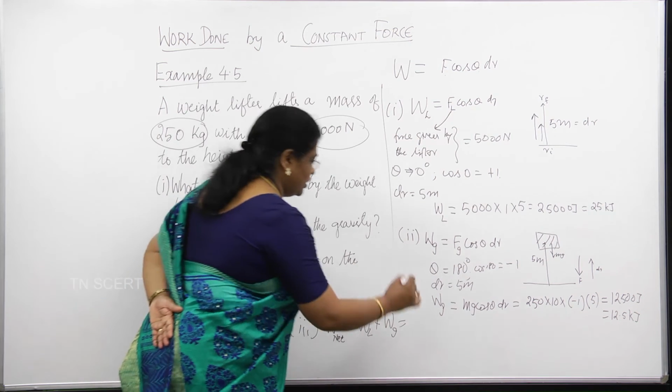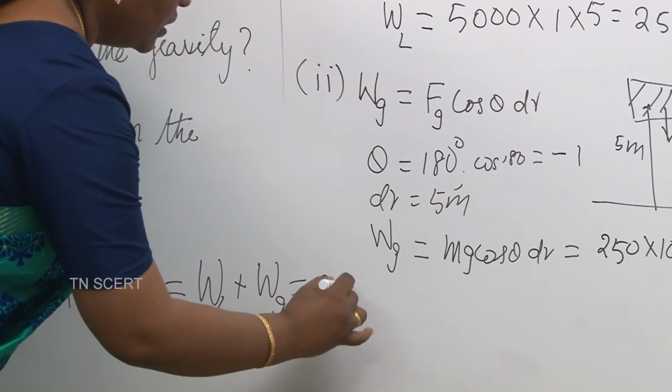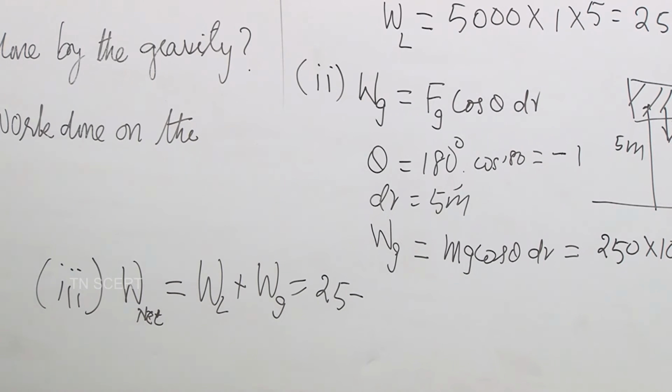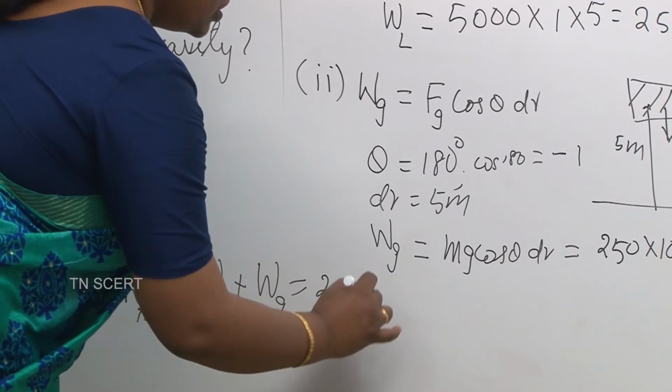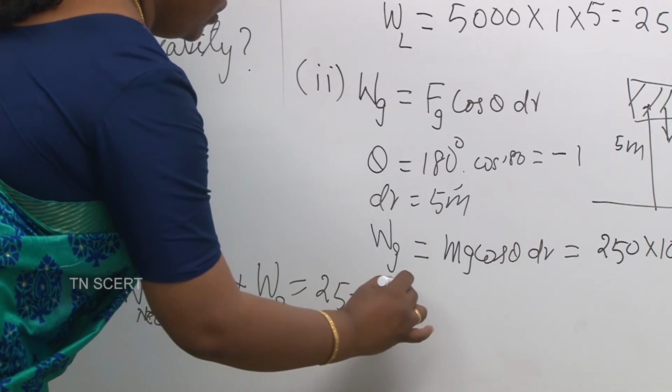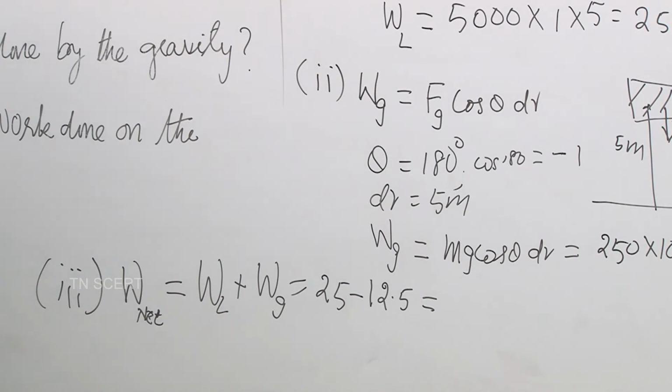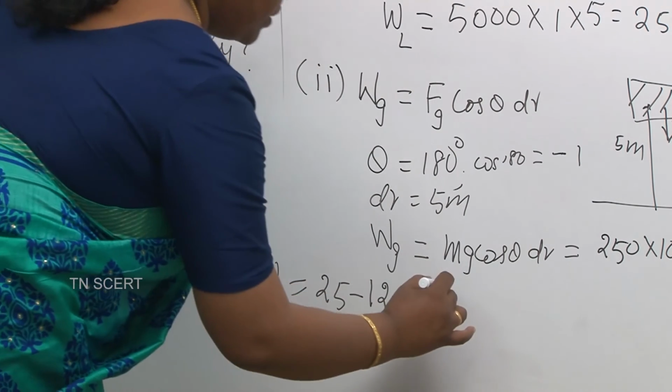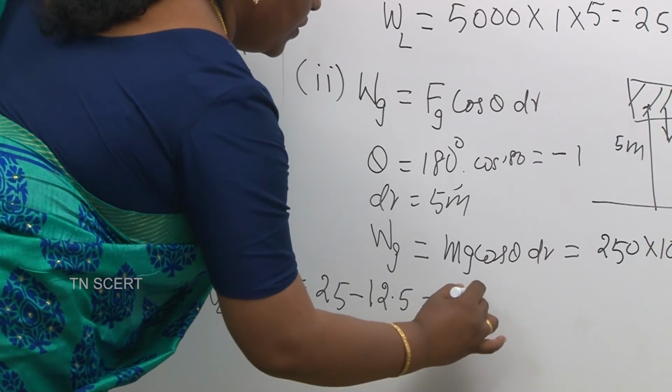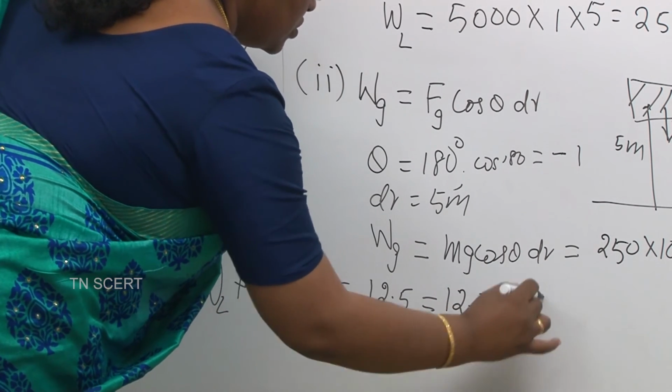By the lifter is 25 kilojoules and by gravity is 12.5 with a minus sign, therefore 25 minus 12.5 is 12.5 kilojoules.